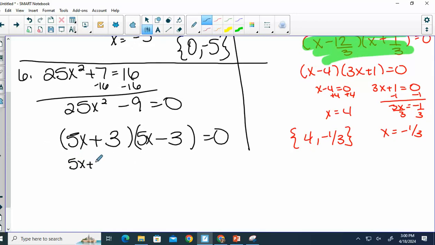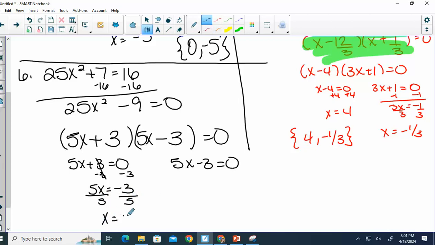So 5x plus 3 equals 0, 5x minus 3 equals 0. And then we're just solving this. We get a negative 3/5 and a positive 3/5.